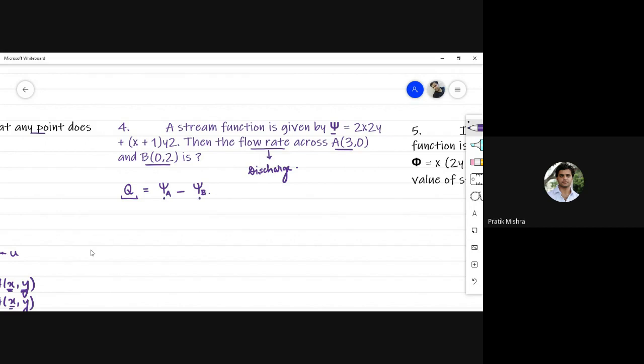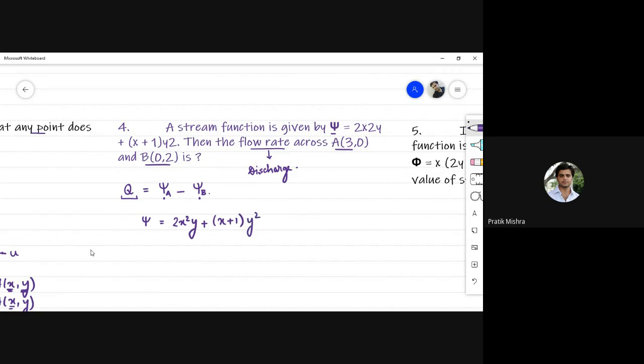So your stream function psi is given as 2x square y plus x plus 1 into y square.